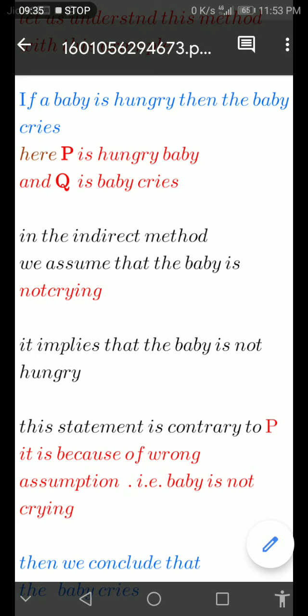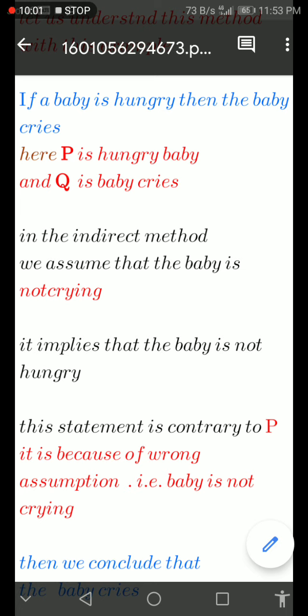Then we assume that the baby is not crying. That means we assume that the conclusion is not true. Then we proceed. Let us see.